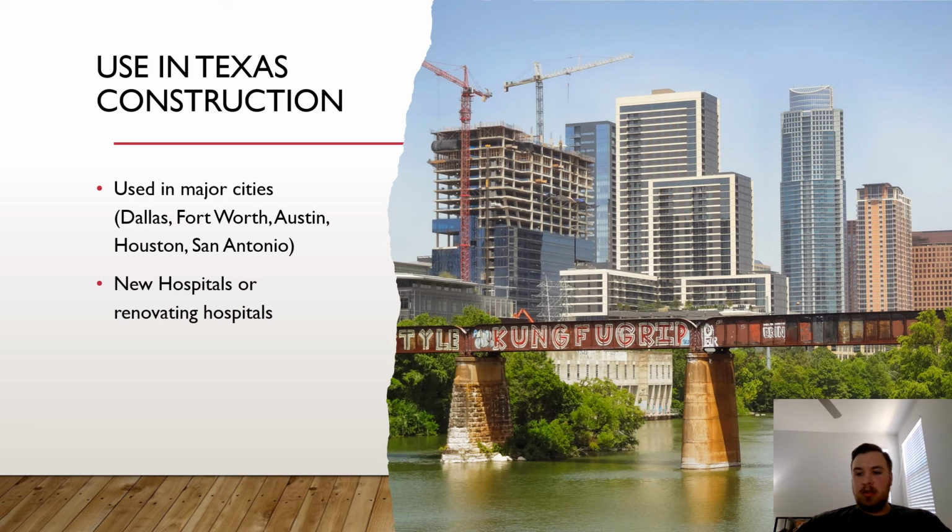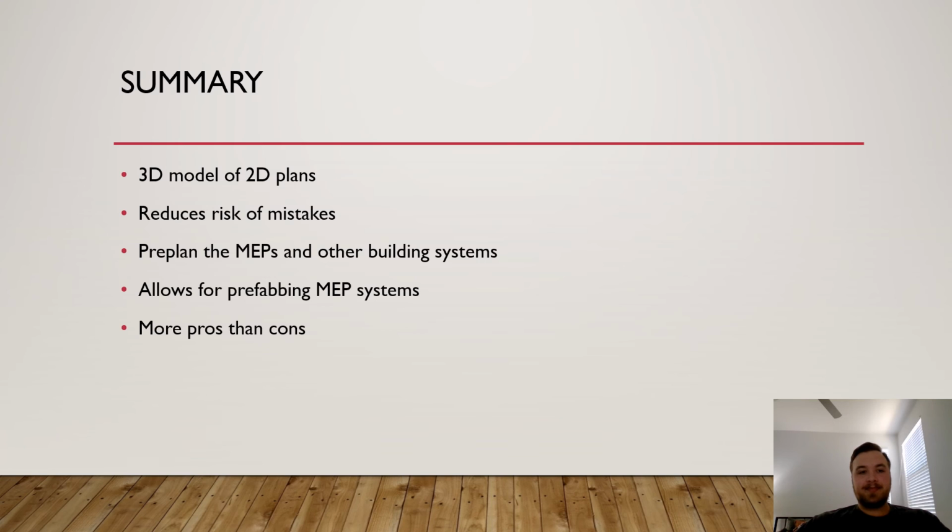And then as we're seeing the growth of Texas, of course, we're needing more hospitals and more high rises as we're bringing in tech firms. And they're all going to want this kind of stuff. It saves them money, it saves the general contractor money, and it's just easier on everybody. So the use in Texas is growing. We just need more people who can design the models themselves, and that is the hardest part.